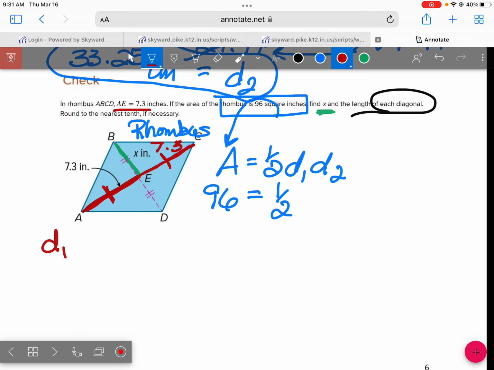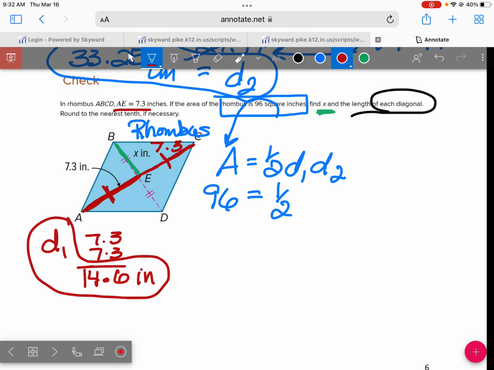So diagonal 1 is 7.3 plus 7.3, which is 14.6 inches. So everybody see how I got that? We just double it. So for diagonal 1, I'm substituting in 14.6.